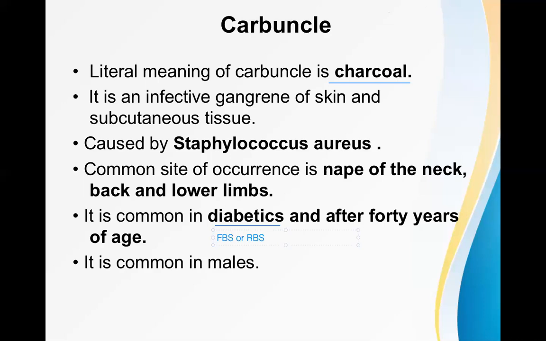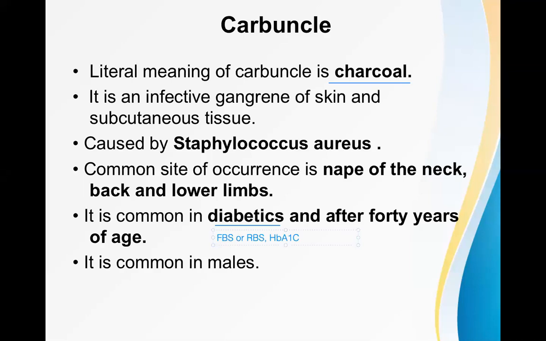Another way to know how long that person has been diabetic, and how badly the blood sugar value is affected, we can go for HbA1c. This is called glycosylated hemoglobin.